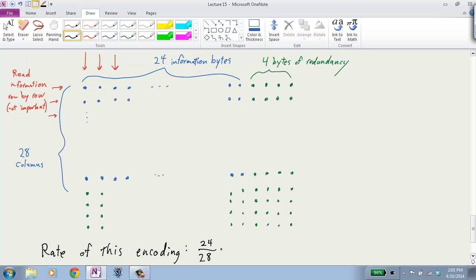And then the second round, we had the 28 columns. Made the math easy. And we end up with 28 rows, and we end up with 32 rows. So if you just compare the amount of blue to total, right, it's going to be exactly 3/4. So the rate of this is 3/4. In other words, 1/4 of what's finally written to disk is redundancy.